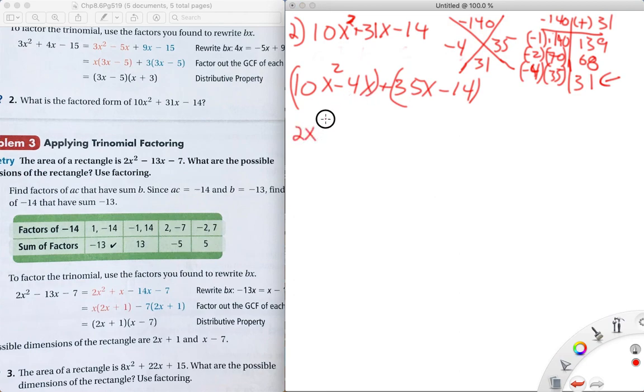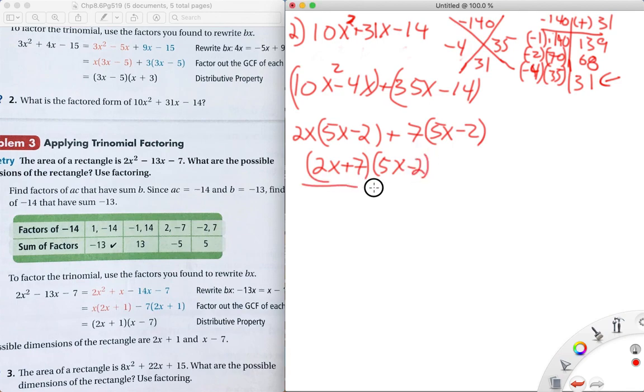So 2x, this turns into 5x, that turns into 2. Here I can factor out a 7. That turns into 5x, that turns into minus 2. Look at that: 5x minus 2, 5x minus 2. They're both being multiplied by 2x and by 7. So I can write it as 2x plus 7 times 5x minus 2. And that's the book way, and that works.